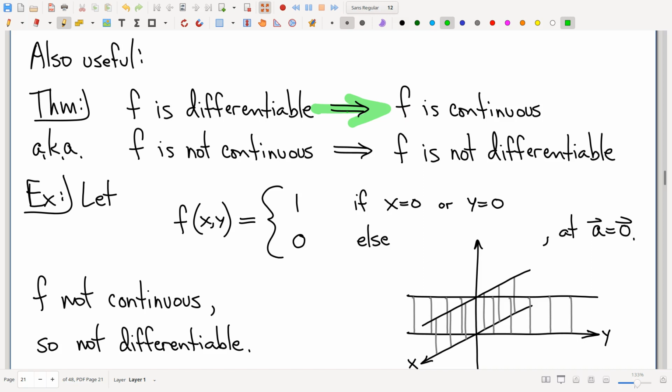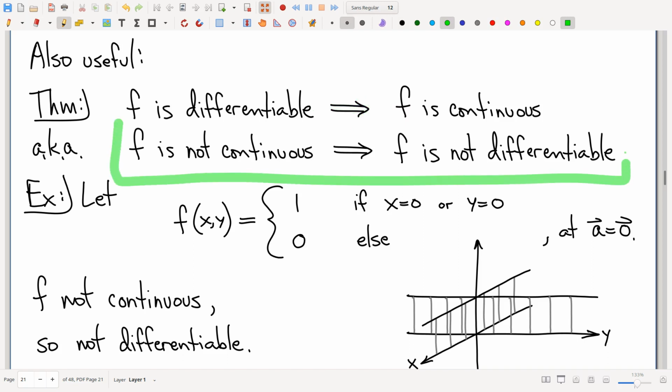And that's not helpful, right? But what we can do instead is write down the contrapositive. The contrapositive of P implies Q is not Q implies not P. This is logically equivalent. If a function is not continuous, then it's not differentiable.